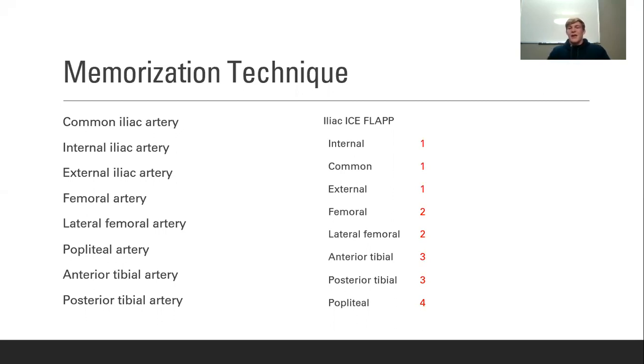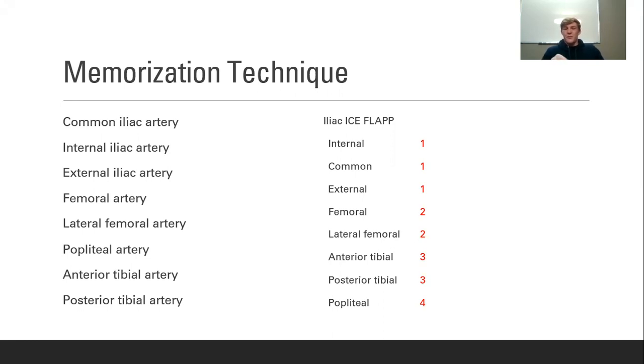So ICE. And then after that, we begin the flap portion of our acronym. We begin with our femoral artery, then our lateral femoral artery, then our anterior tibial artery, our posterior tibial artery, and then our popliteal artery. As you can see, I have these red numbers off to the side, which is the way I group them up as arteries as well.